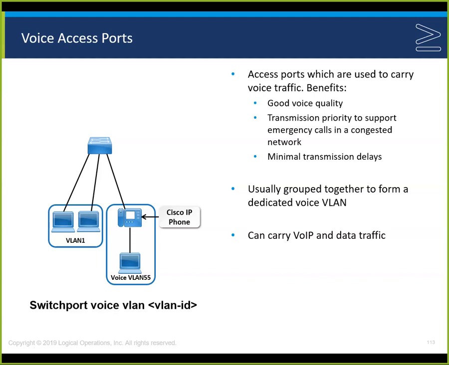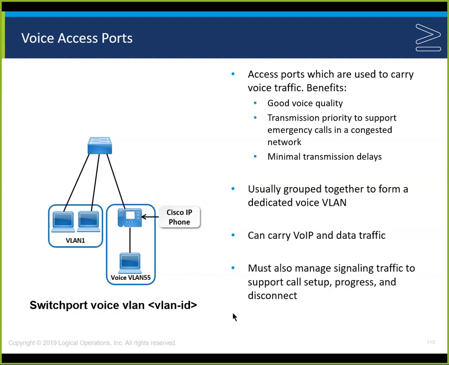This is the one case where an access port will access more than one VLAN, but it has to be in a switch that has the configuration here, switchport voice vlan. We have to have a voice VLAN and then a VLAN ID that goes along with it.